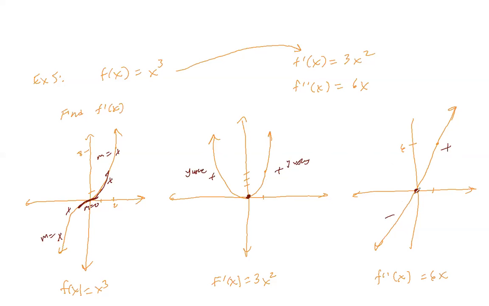Now, I will say that not only is there a connection between these two and these two, but there's also a connection between this graph and this graph, which is a little bit harder to make. And that connection has to do with something called concavity. But we're not going to talk about that just yet.